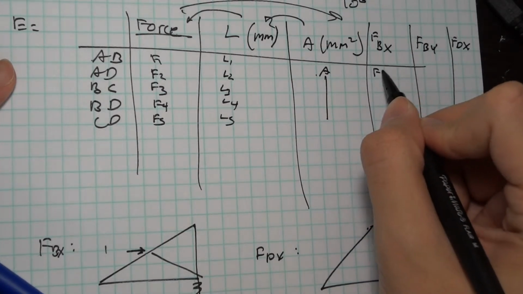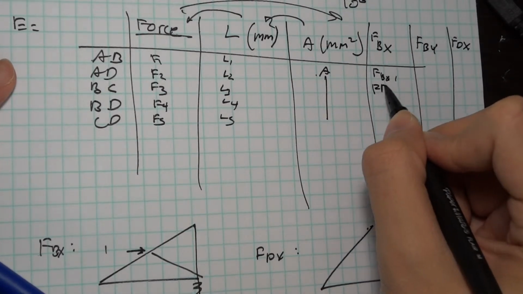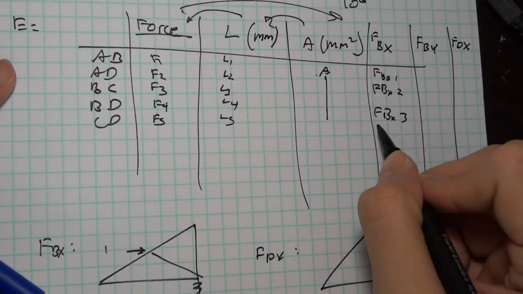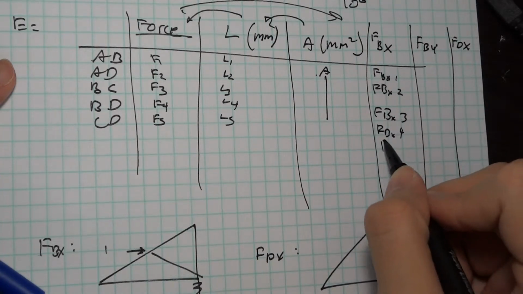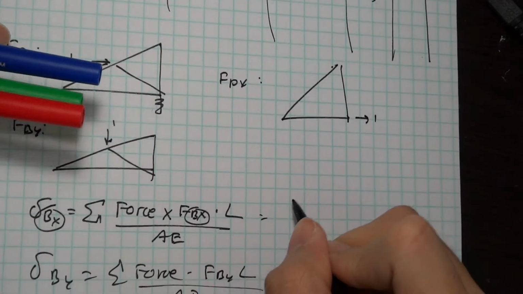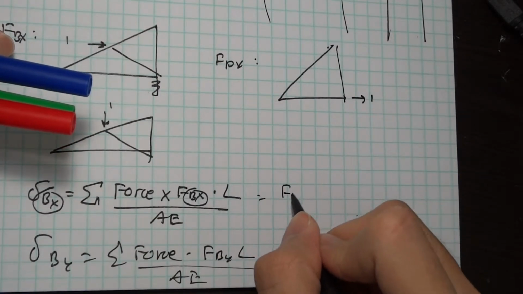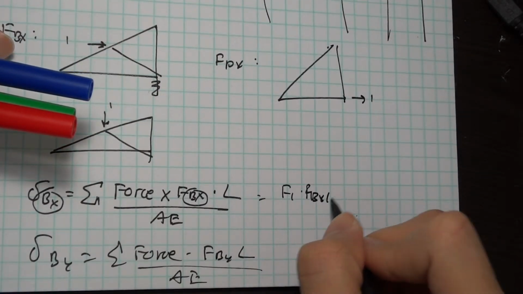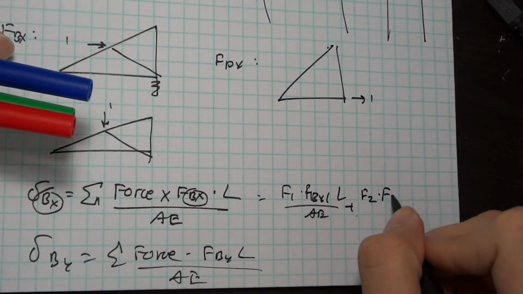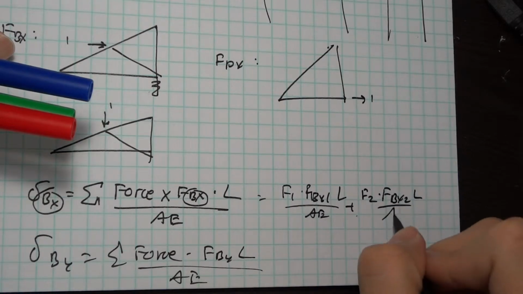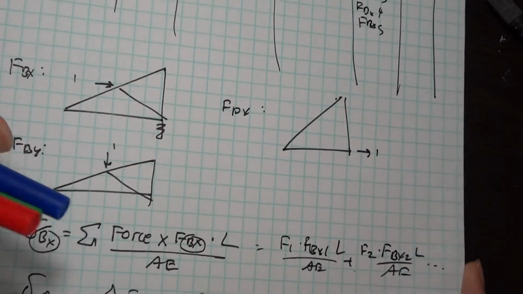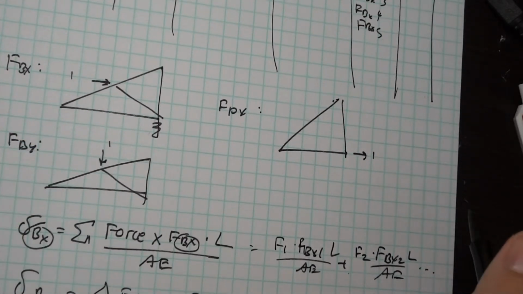Bx is going to be F Bx1, F Bx2, F Bx3, F Bx4, F Bx5. And so this is going to be F1 times F Bx1 L over AE plus F2 F Bx2 L over AE all the way up to 5. Now you're going to say, well, what about the signs?